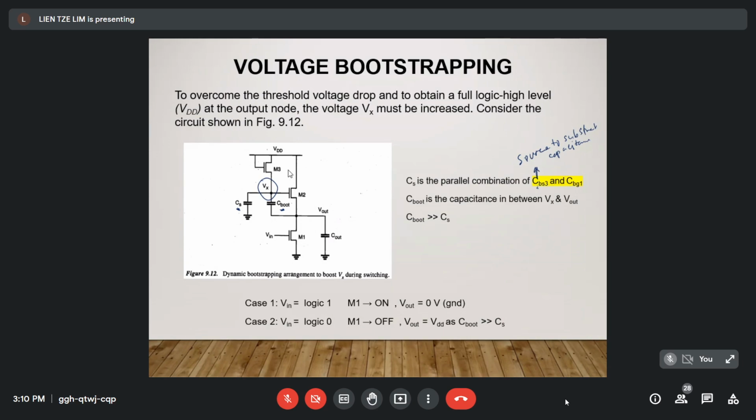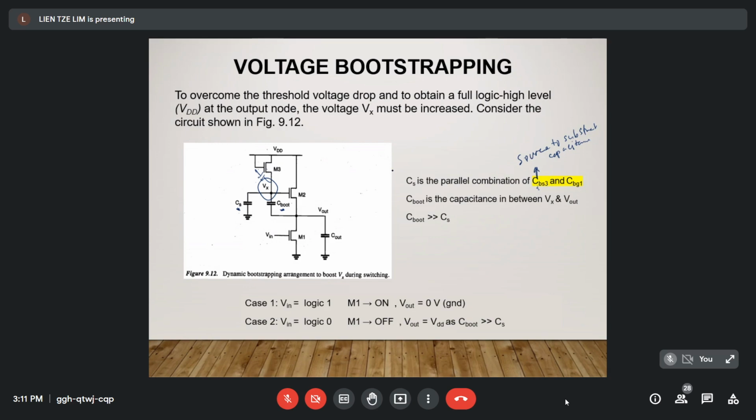This is another capacitance for this transistor, and there is also a capacitance to the substrate. So it illustrates what CS is.